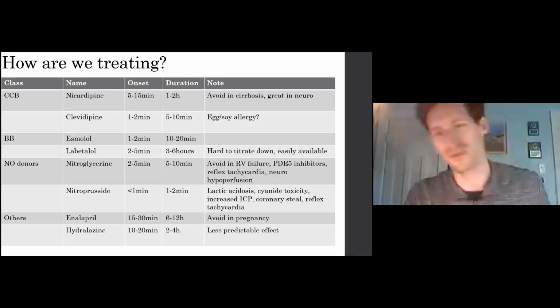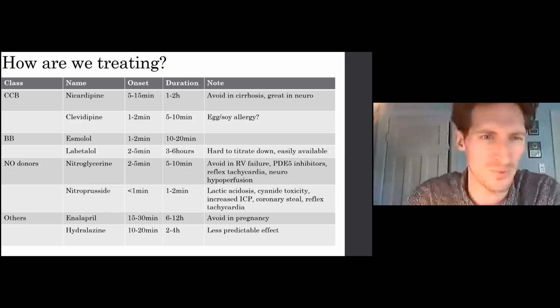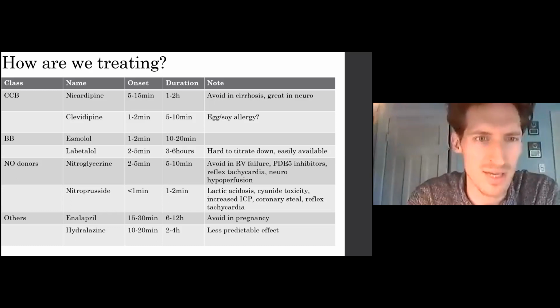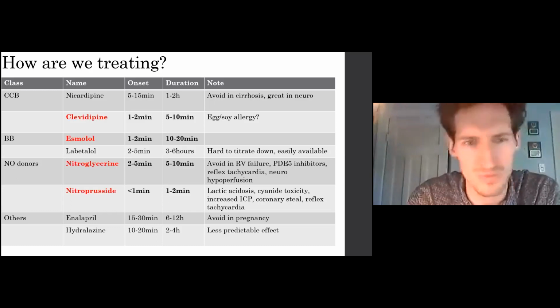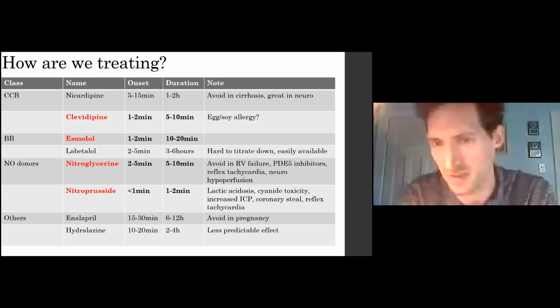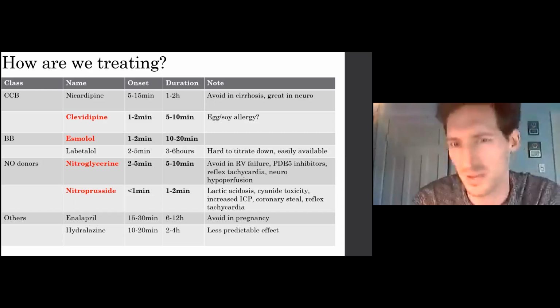It's stuff that you'll still hear, but not really useful. So really, those are the tools to use. And really, clevidipine, esmolol, and nitroglycerin are going to be the ones that are fully titratable and great to use in critical situations. Nitroprusside is titratable, but if you have nitroglycerin, then that's what I would use preferably.